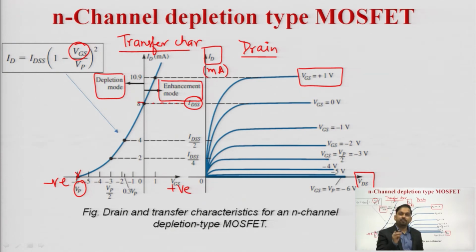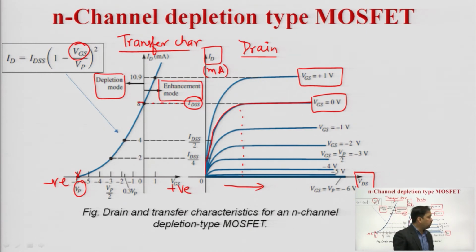We have seen that when VGS was 0 and we increase VDS, the current increases, and after a point the current becomes saturated, which is called the pinch off voltage.